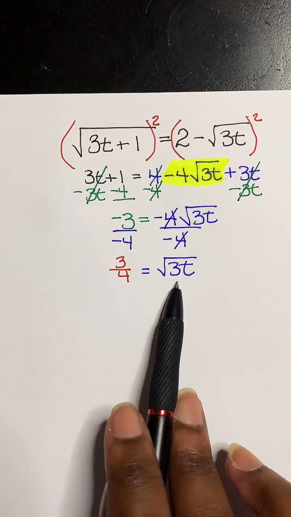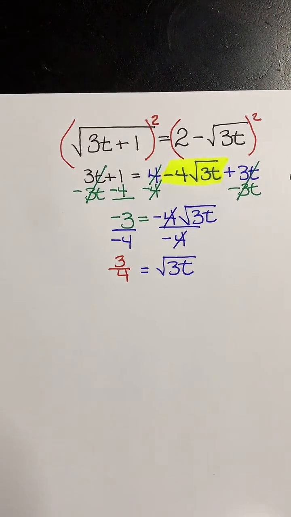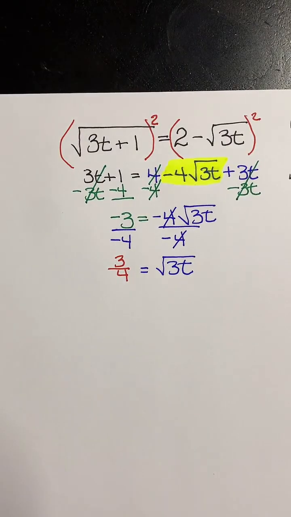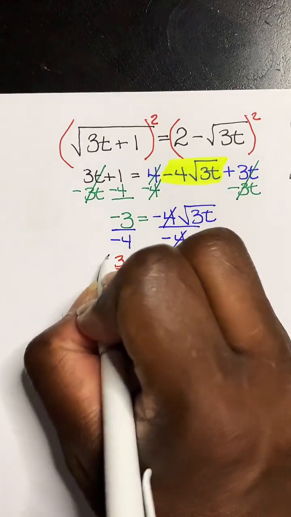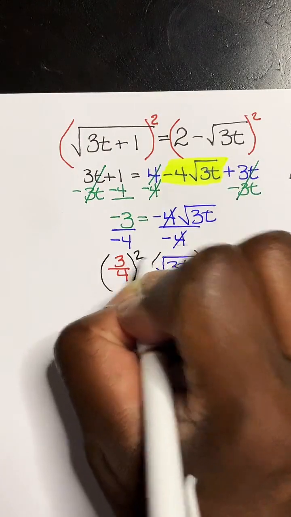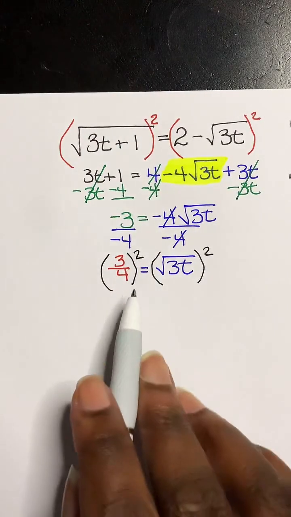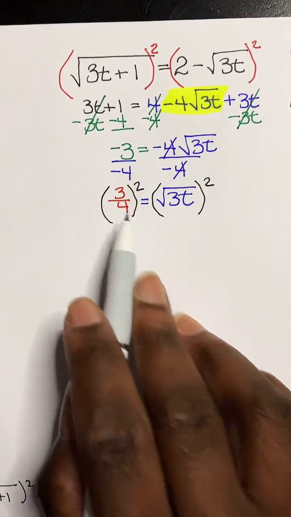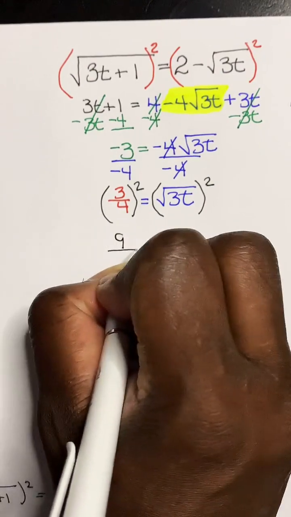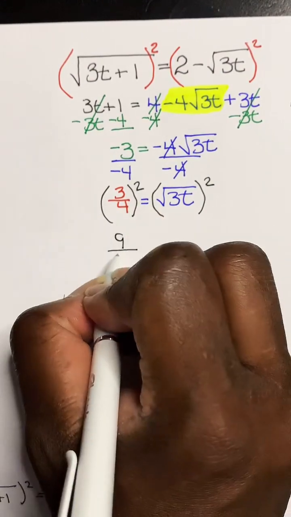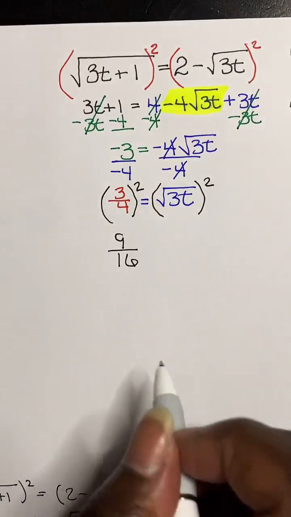Now, how do I get rid of a radical? We get rid of the radical by squaring. When I square over here, I square the 3, so that gives me 9. I square the 4, that gives me 16.